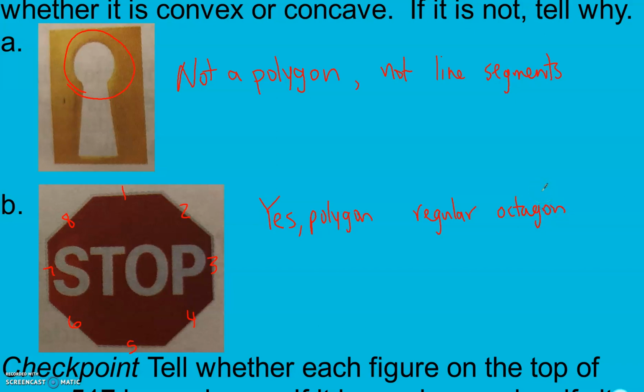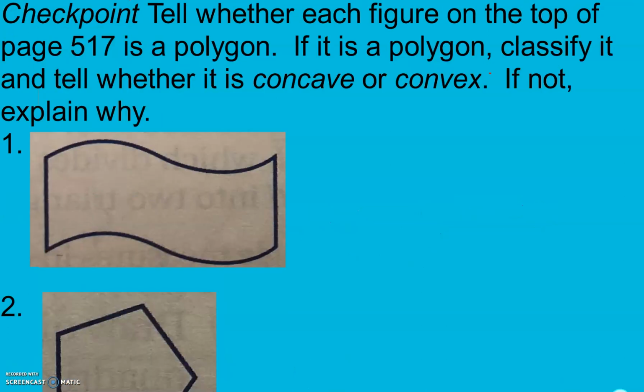And now whether it's concave or convex, there are no in parts. Everything is out. If we connect any 2 points with a segment, they're always going to be inside. So this is convex. There's no caves like in a mountain where it juts in. Feel free to pause here and give these a try if you'd like.